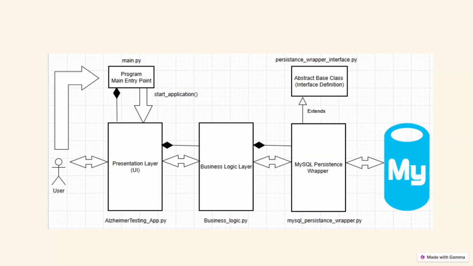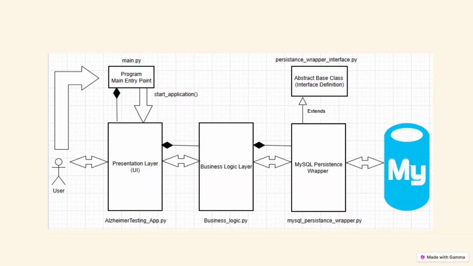The main functionality here is that the user can log in, perform cognitive tests, and view their results. It communicates with the business logic layer through APIs to send and receive data and information. The user submits inputs like test information, which is further processed by the business logic layer.